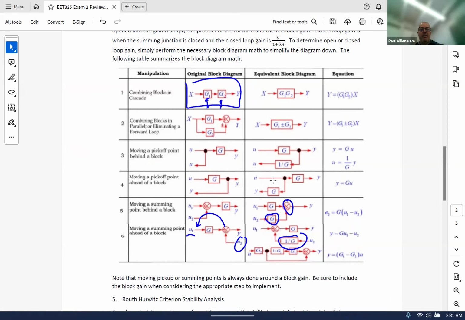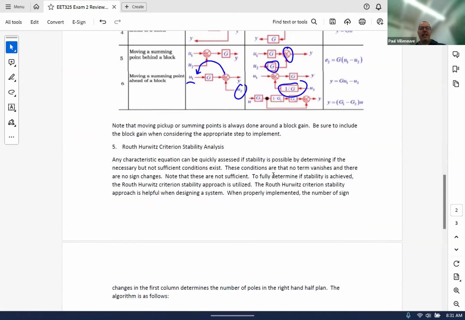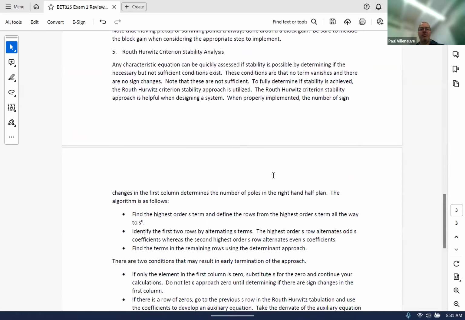Okay. And then the last topic, unless there are any questions on that, is Routh-Hurwitz. So the approach: first, you identify the highest order S row. Then you go S to the N minus 1, all the way down to S to the 0.